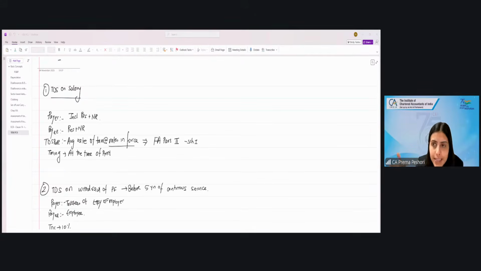Or any salary from any other employer, or loss under the head house property if the employee is intending to opt out of the default tax regime, right? So the employer will take that also into consideration while calculating the TDS.